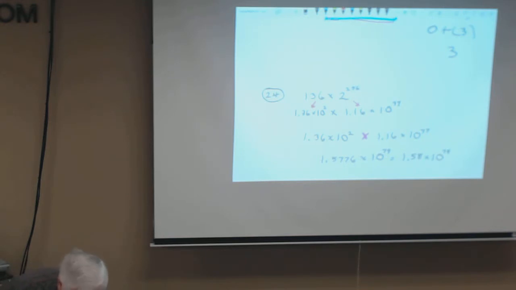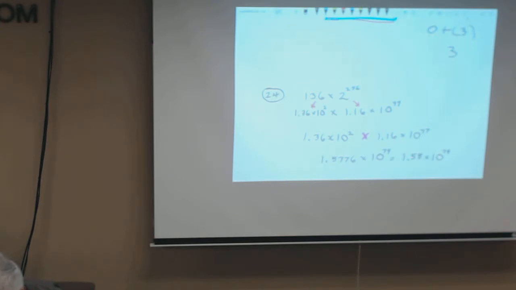Number 24. Oh boy, this topic is full of story problems. But you know what I do with words, don't you? I go from all these words in the book to a few mathematical expressions on a piece of paper so I can figure out how to work it. So number 24 says, Sir Arthur Eddington claimed that the total number of electrons in the universe is 136 times 2 to the 256th.